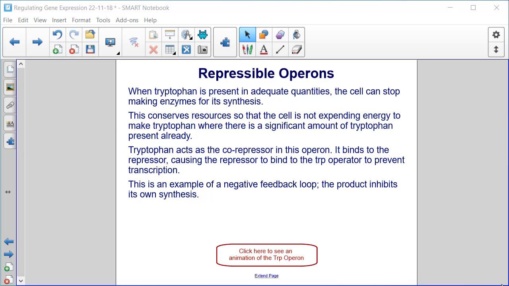This conserves resources so that the cell is not expending energy to make tryptophan where there's a significant amount already present. Tryptophan acts as the co-repressor in this operon. It binds to the repressor, causing the repressor to bind to the operator to prevent transcription. This is an example of a negative feedback loop. The product, tryptophan itself, inhibits its own synthesis.